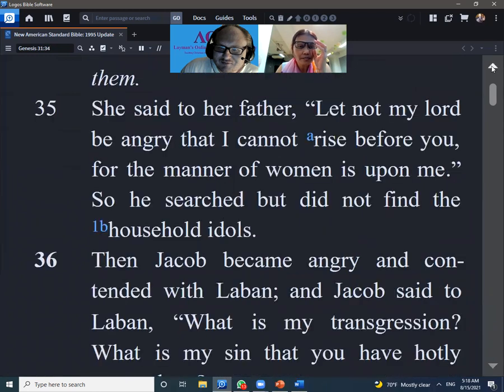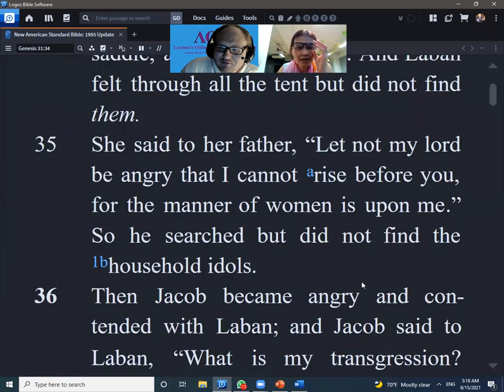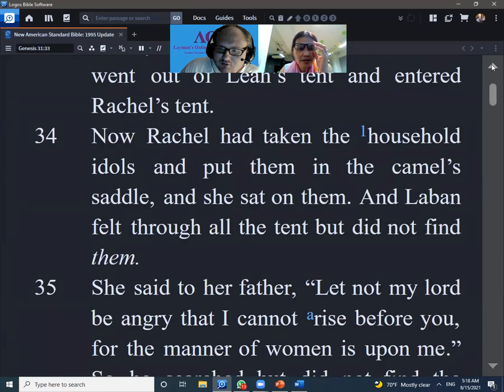When Laban goes to the tent of Rachel, where is it? Scroll up a little bit more. Okay. Now Rachel had taken the household idols and put them in the camel's saddle, and she sat on them. And Laban felt through all the tent but did not find them.